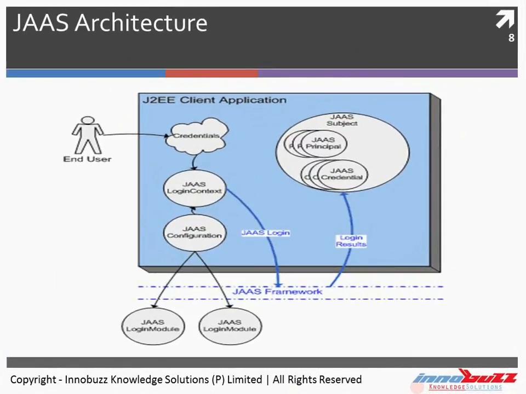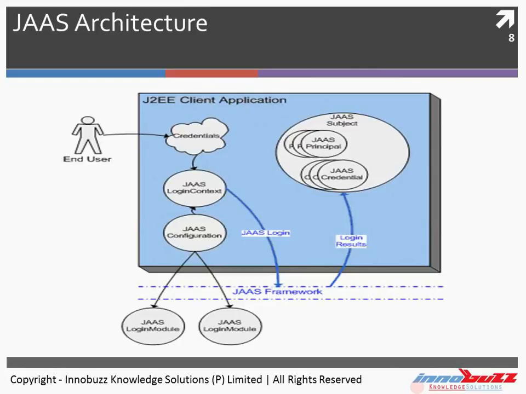And here this architecture or framework involves many components, classes, or interfaces to provide authentication and authorization services. The end user requires credentials and JAS will use the login context. JAS configuration is done once you have the login context, within which you have the login module.